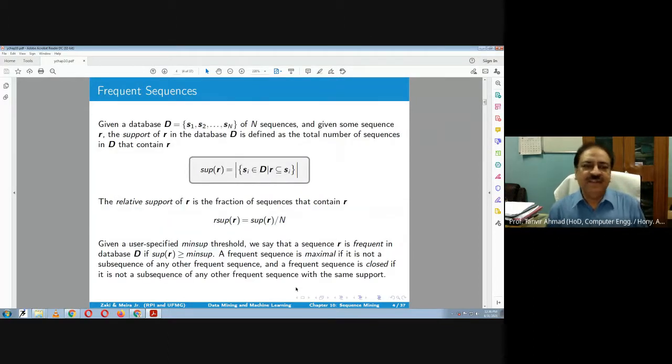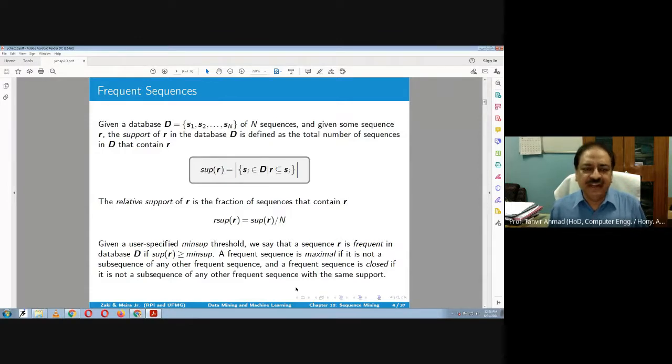Now, how will I find the frequent sequences? You must remember the Apriori algorithm, and we are trying to apply the same type of algorithm over here. That means the Apriori algorithm will be applied similarly to find the frequent sequences.